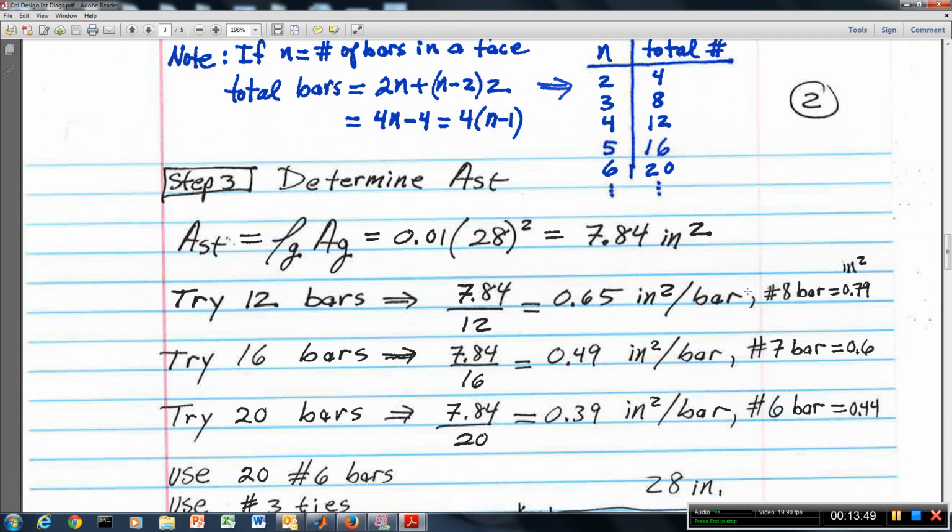For 12 bars we would need a number 8 bar, and there's a little bit of difference between the number 8 bar and the required area. If we try a number 7 bar, the difference is probably a little bit better. And lastly, for 20 bars we would need a number 6 bar. The difference between 0.44 and 0.39 is not so much, so that's a pretty efficient use of our longitudinal bars. And so I am electing to use the number 6 bars here.